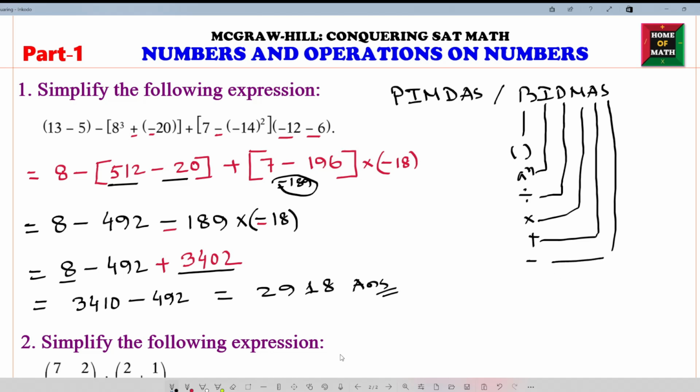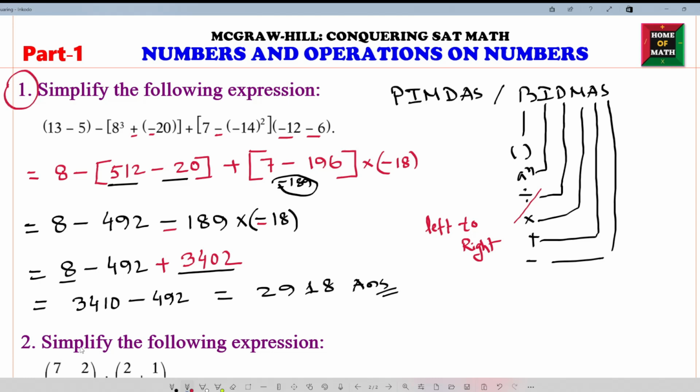This is one thing. Similarly here, division and multiplication will be alternative. How? Which one comes first? Left to right. Okay, number 1 done.